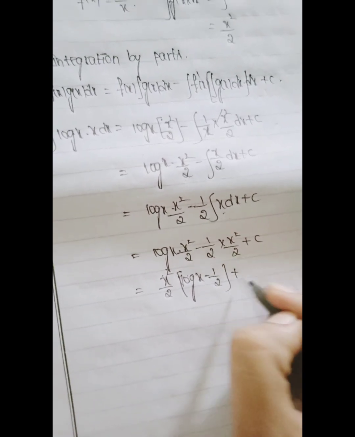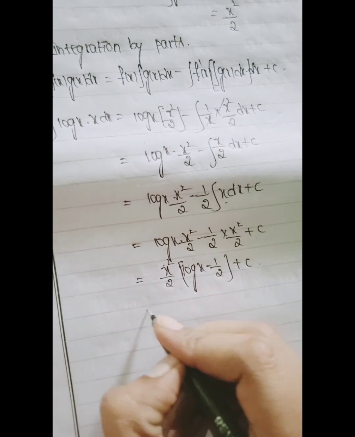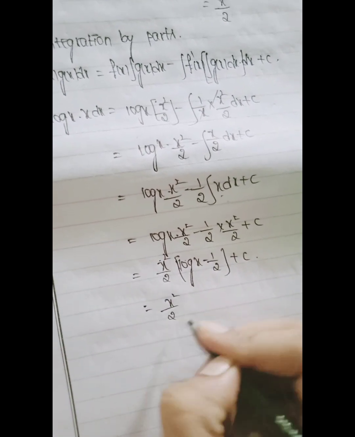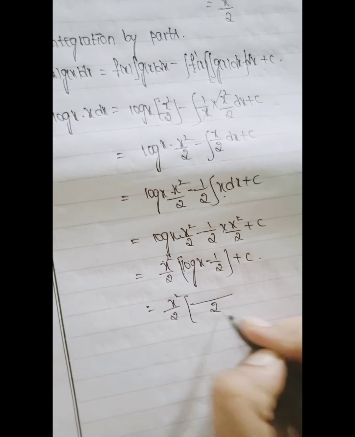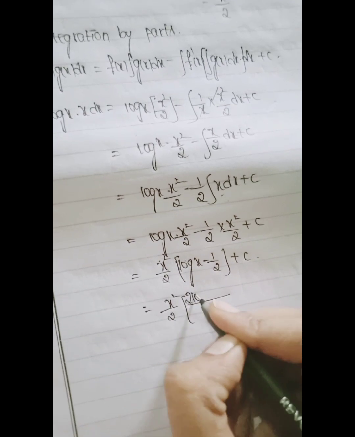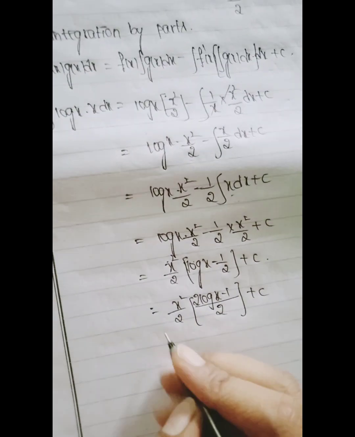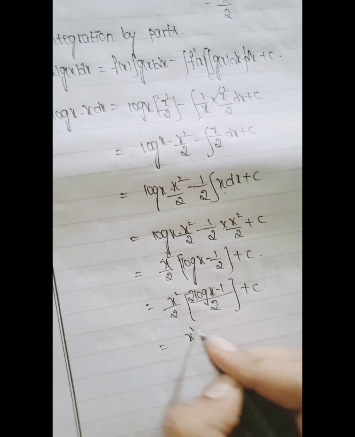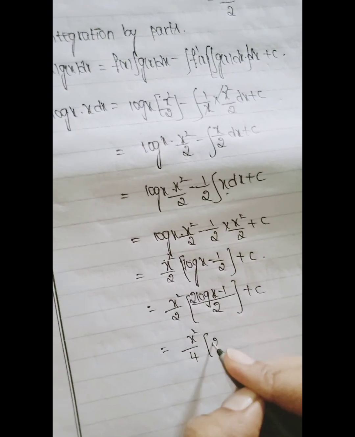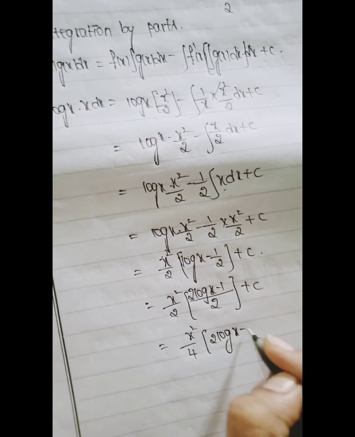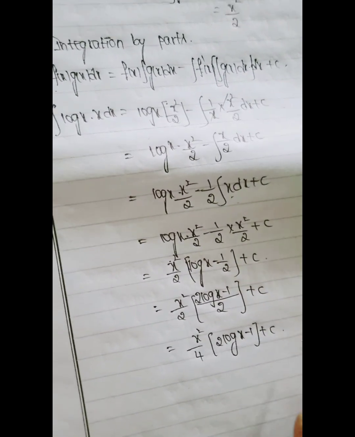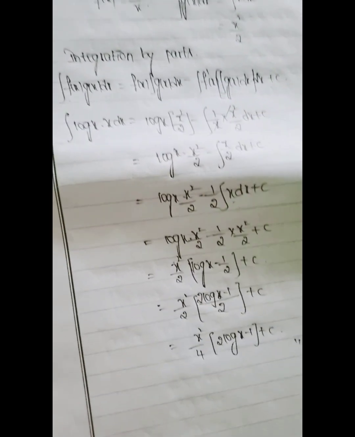Taking the LCM 2, x square by 2 into 2 log x minus 1, and then x square by 4 into 2 log x minus 1 plus c. This is the answer. For the reduction formulas, you have to see the next video.